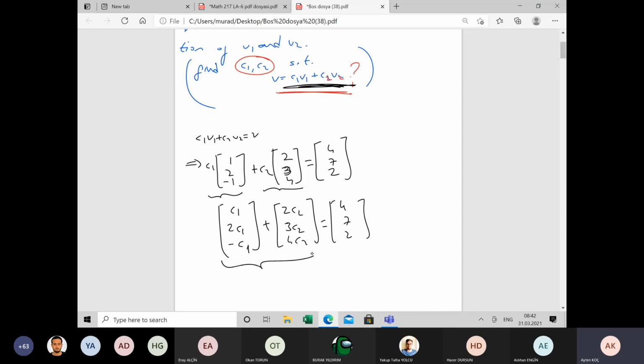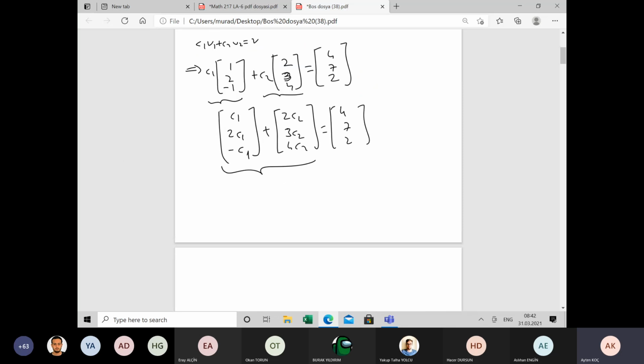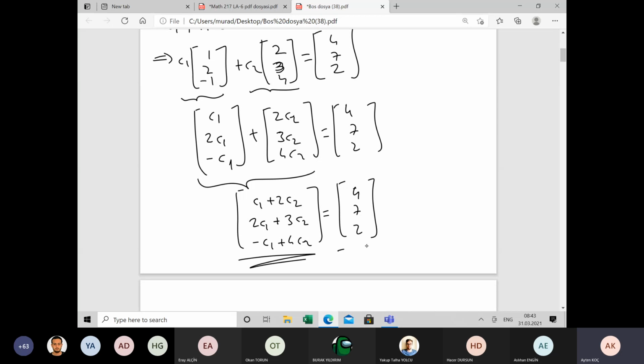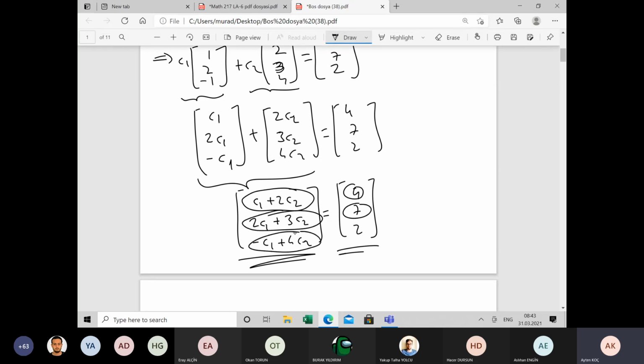The left side is the sum of vectors, the sum of matrices. This gives the vector with first entry C1 plus 2C2, and the second entry, the sum of the corresponding entries, minus C1 plus 4C2. This should equal the right-hand side vector (4, 7, 2), and corresponding entries should be the same: this one should be 4, this one 7, this one 2.